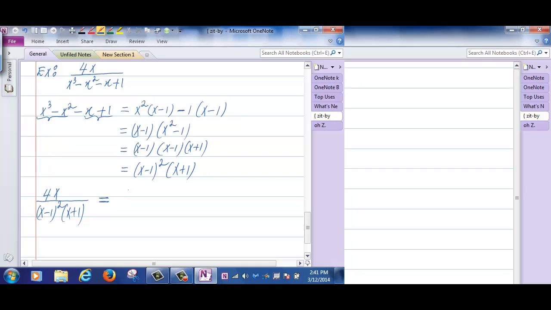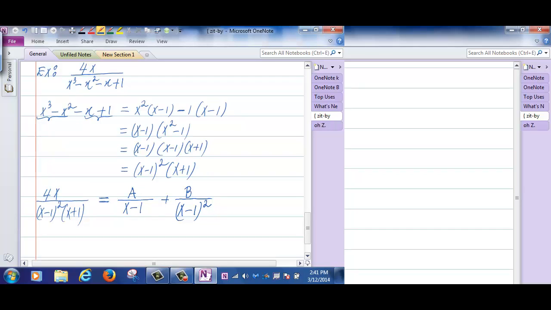Okay, very good. Since we don't have too many factors, let's not use subscripts. So, for x minus 1 squared, you're going to have a fraction with denominator with power 1, and another fraction with denominator x minus 1 squared. If the exponent was 3, then I'm going to have 3 fractions with powers from 1 up to 3. Because these are linear factors, the numerators would be just constants.